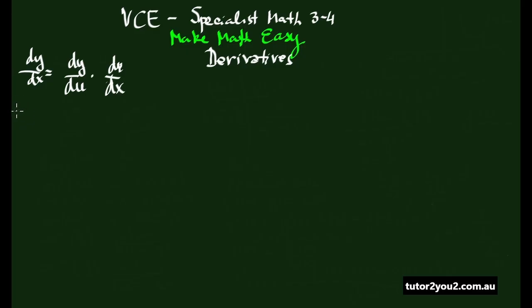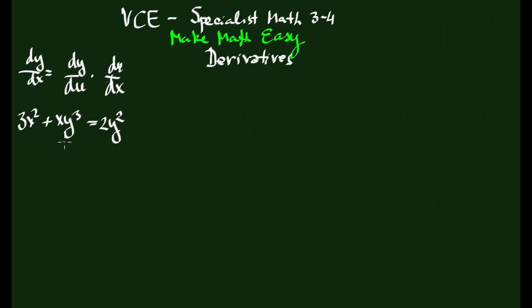If the function looks like, for example, 3x squared plus xy to the third equals, say, 2y to the second degree. Because x and y are tied together, if you want to differentiate with respect to x, we'll have to apply the chain rule.